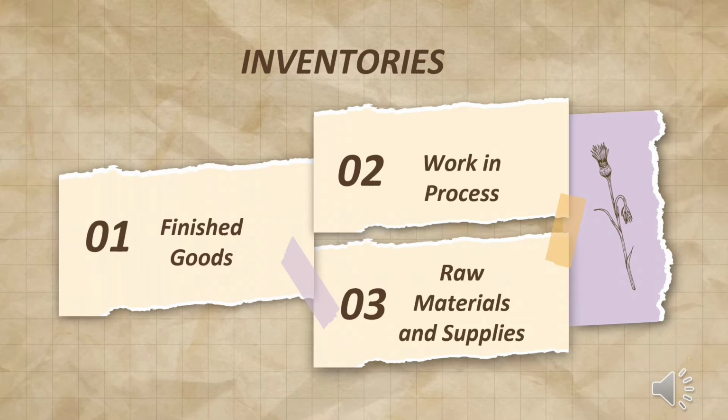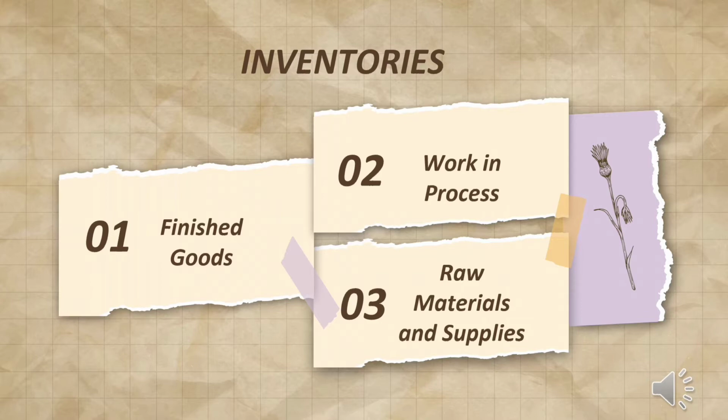So, in short, inventories are assets that can be in the form of finished goods, which are the items held for sale in the ordinary course of business. Second is the work in process, and third, it can be in the form of raw materials and supplies to be consumed in the production process or to be distributed in the rendering of services.